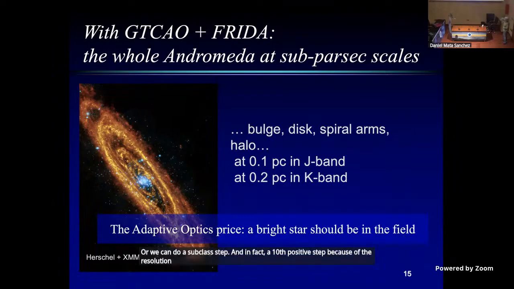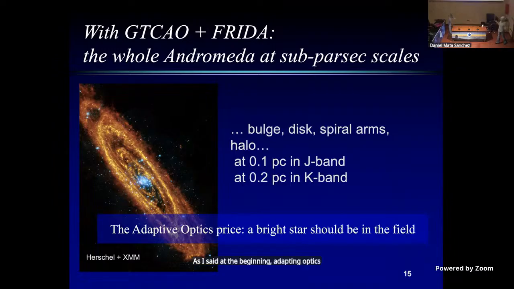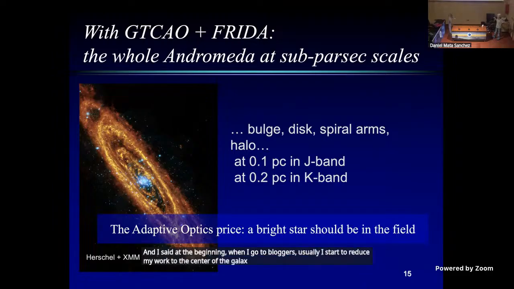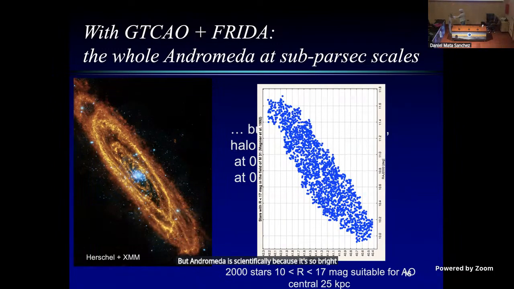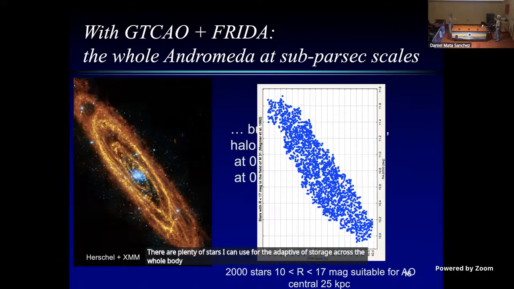Now, as I said at the beginning, adaptive optics requires a bright star to correct the atmosphere. And I said at the beginning, when I go to a galaxy, usually I have to reduce my work to the center of the galaxy because it's the bright point. But Andromeda is fantastic because it's so close. There are plenty of stars that can be used for the adaptive optics correction, plenty across the whole body. So you see here the shape of the galaxy in stars.